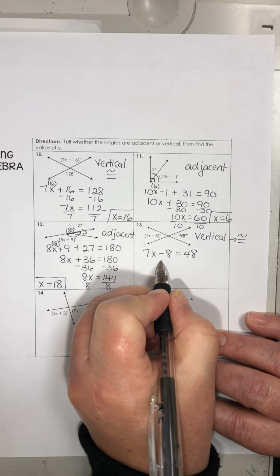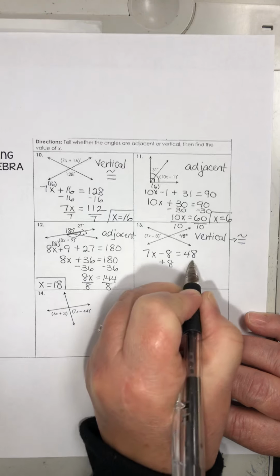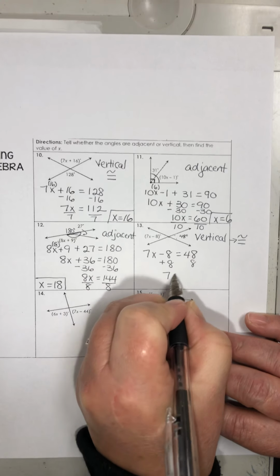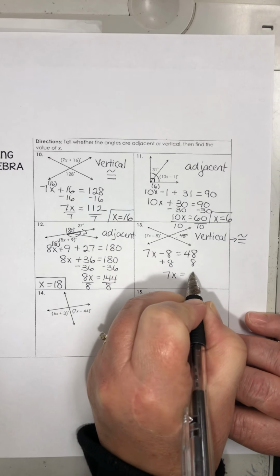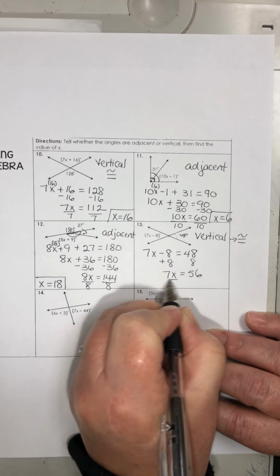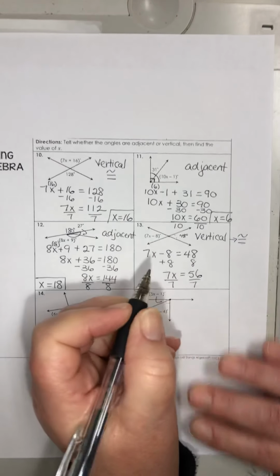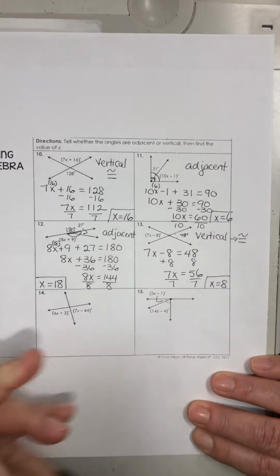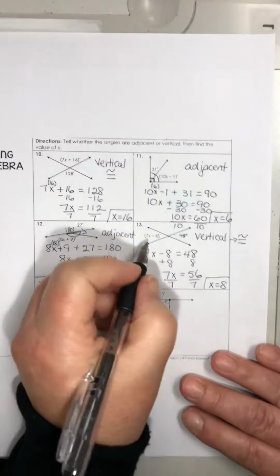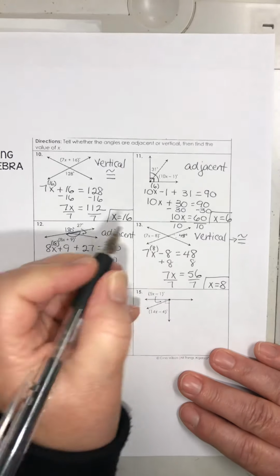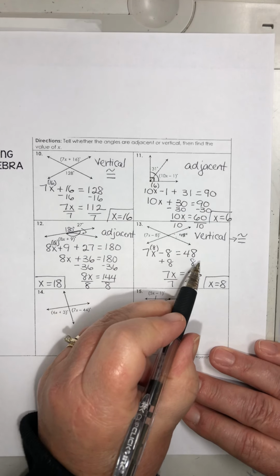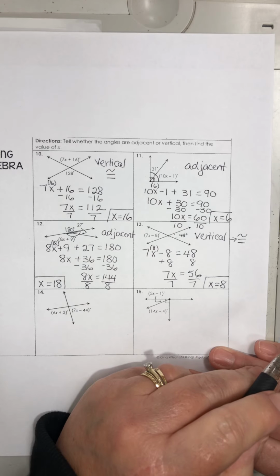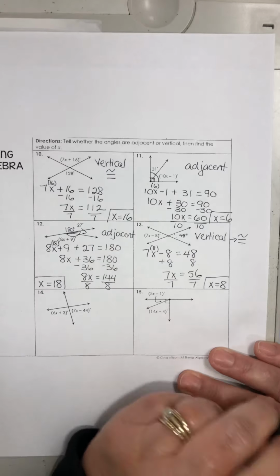I have another two-step equation. Add 8 to both sides. 7x equals 56. Divide by 7. X equals 8. Okay, and so if I go back up here, put my 8 in here, 56 minus 8 equals 48, and so they are equal when x is 8.